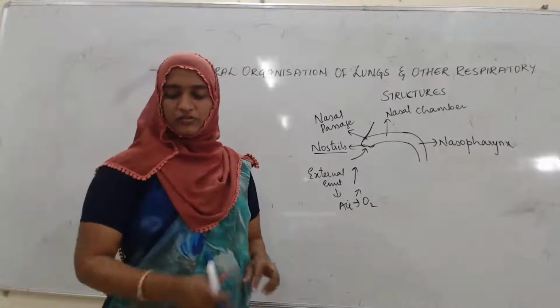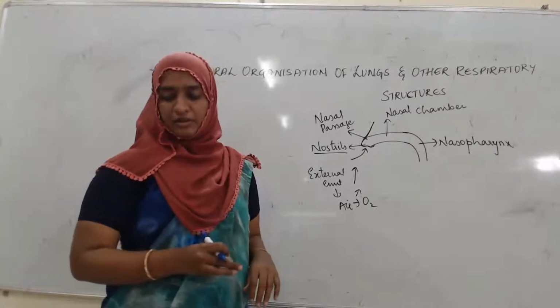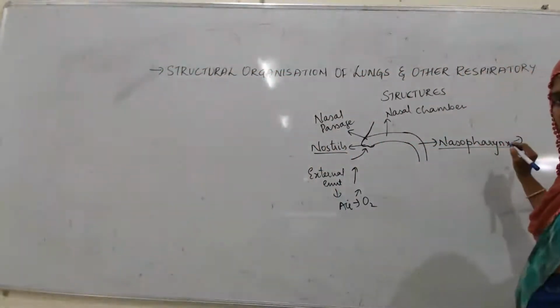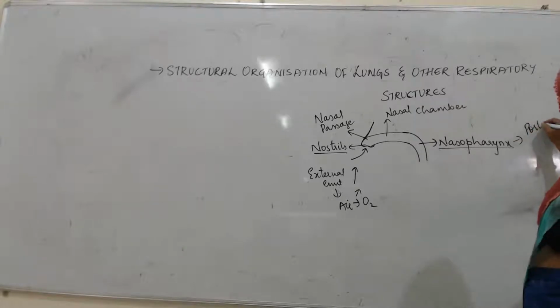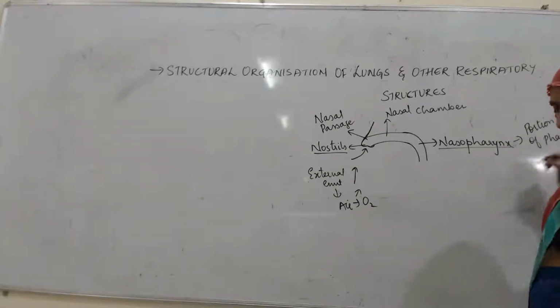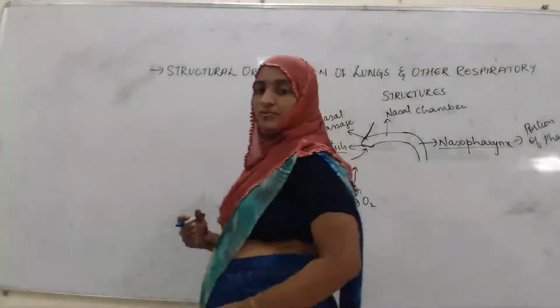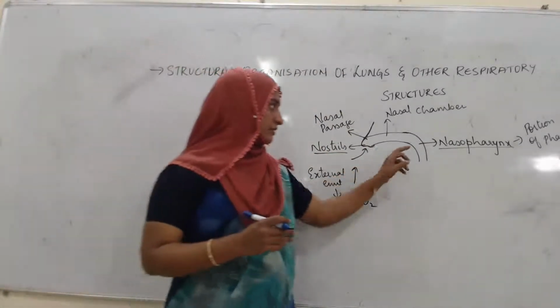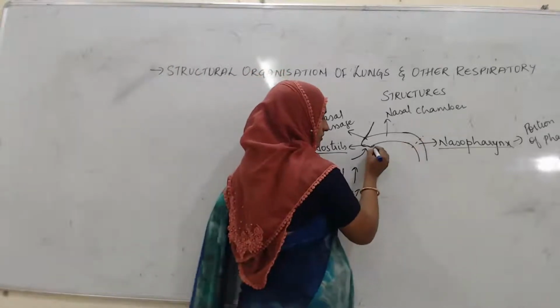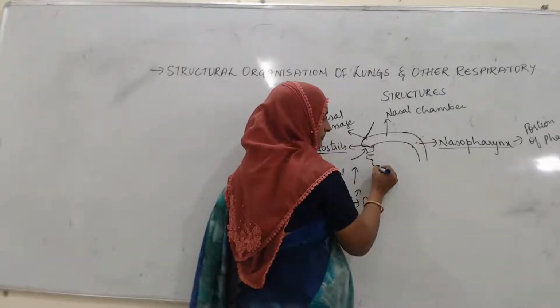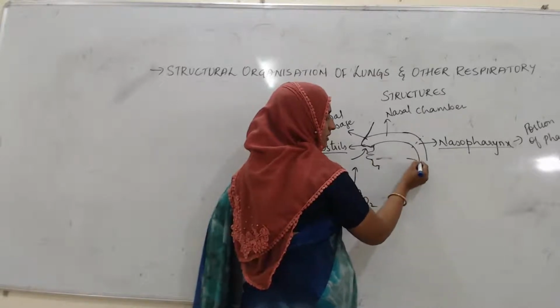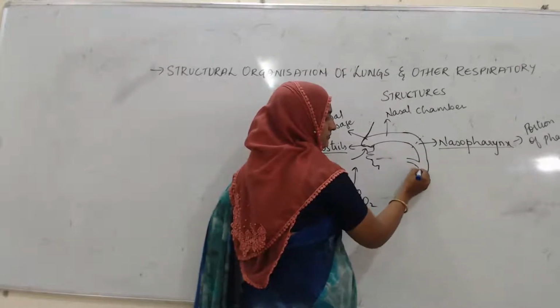Nasopharynx is a portion of the pharynx. This pharynx is the common passage. From here there is the mouth, which also opens into a common passage like this.